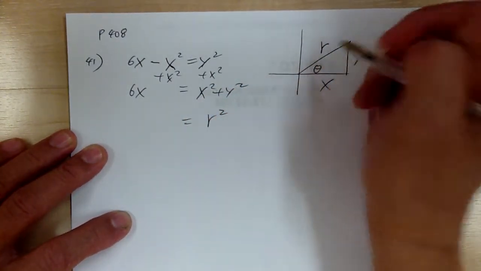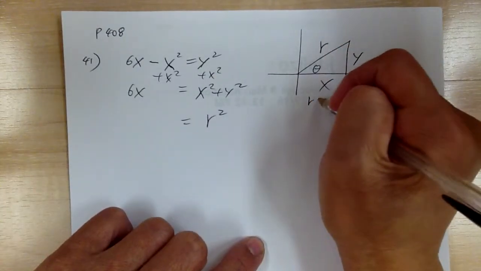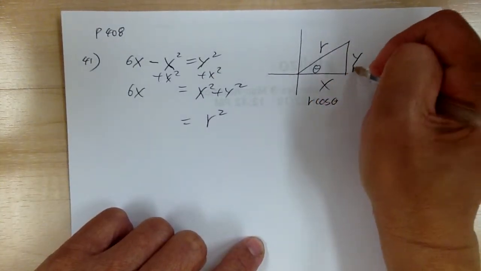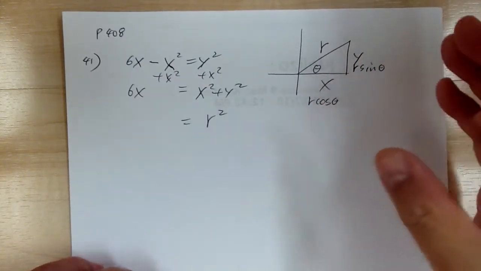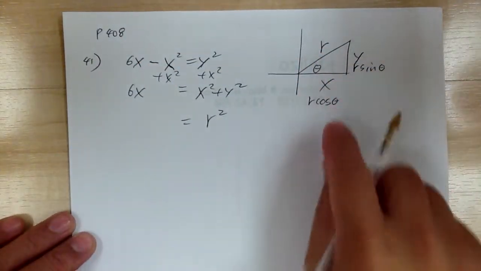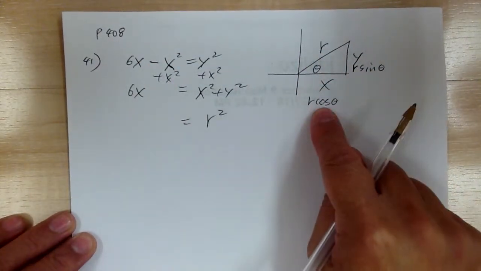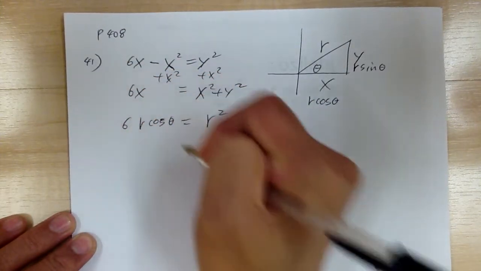Also, notice that x is r cosine theta and y is r sine theta. That's how the rectangular and polar coordinates superimpose on top of each other. So the x is r cosine theta, and you get 6r cosine theta.